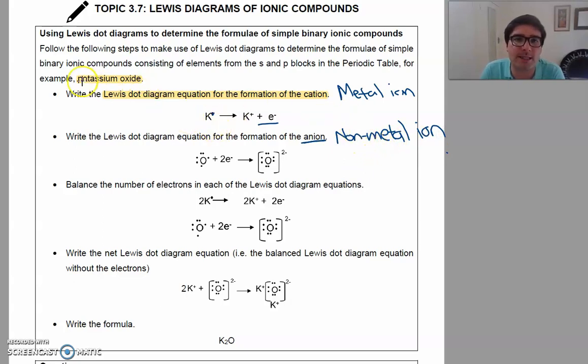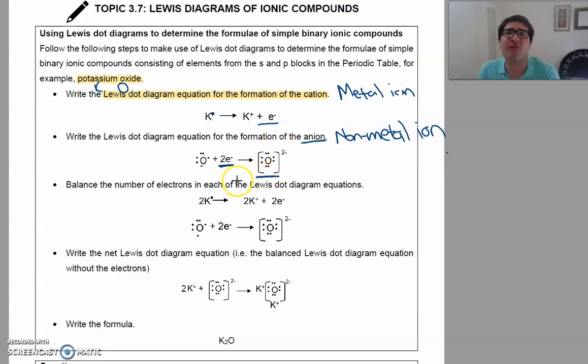Potassium oxide means we have potassium and oxygen. Oxygen is in group 16, so it has 6 valence electrons. If it forms an oxide ion, group 16 will form ions with a charge of 2 minus. In other words, it needs to accept 2 electrons. So our oxide ion will have 8 electrons around it with a charge of 2 minus. Remember the square brackets.